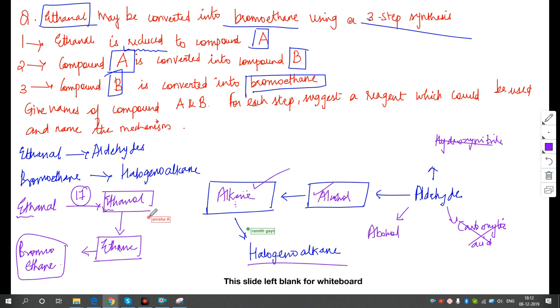Then from ethanol to ethene, I think the reaction 12, alcohol to ethene. So mention that number also, and you please refer to the table numbers, then you will identify them better. And the last one is reaction 2, where an alkene is getting converted to a halogenoalkane.